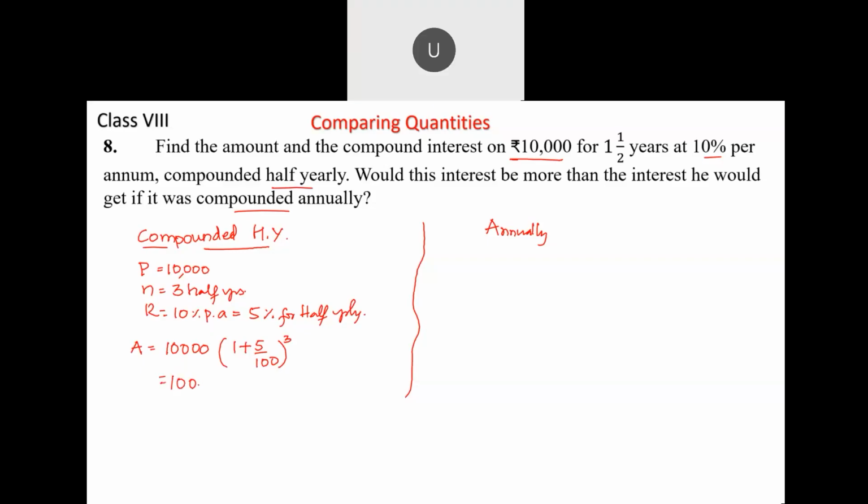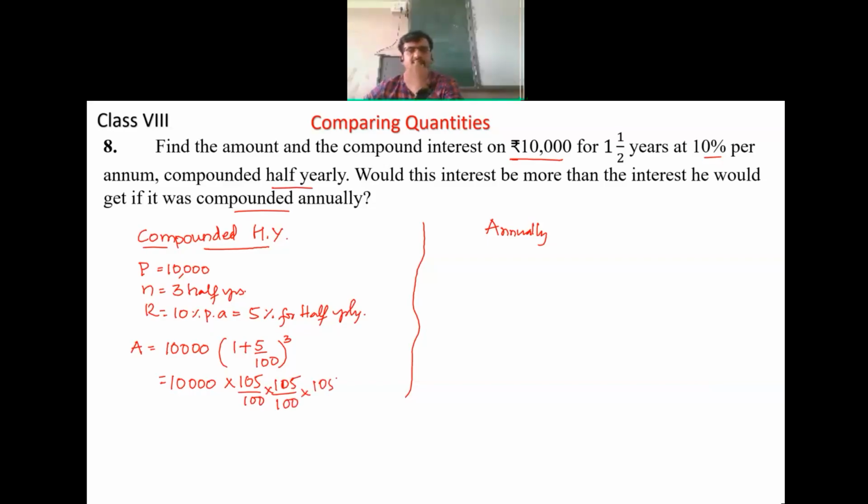So 10,000 is to be multiplied with 105 by 100, multiplied 3 times. I will cancel 4 of the zeros.